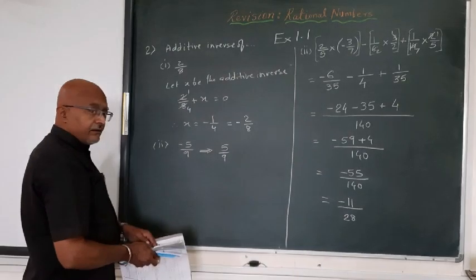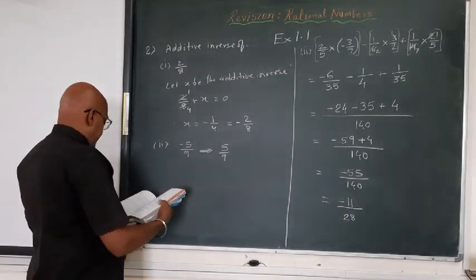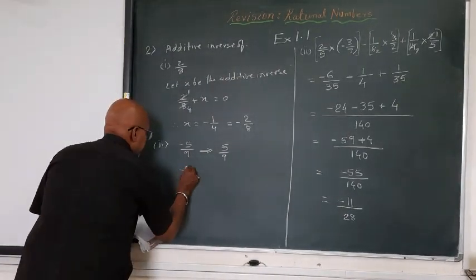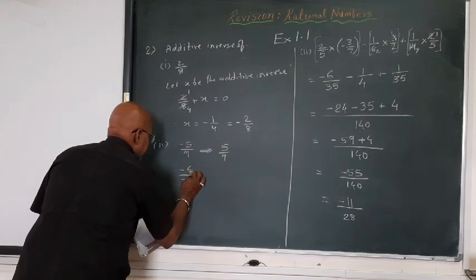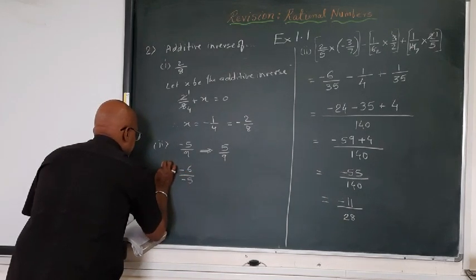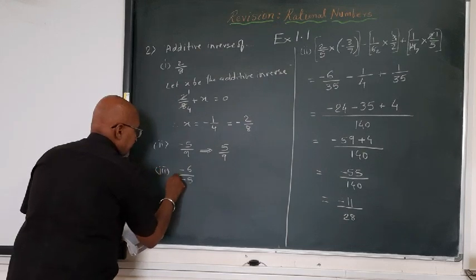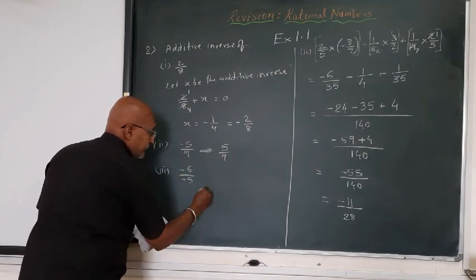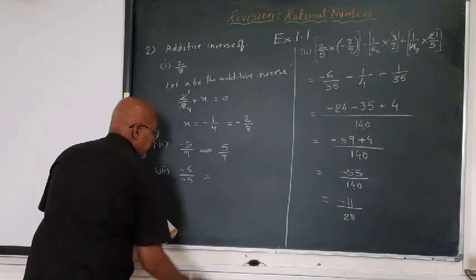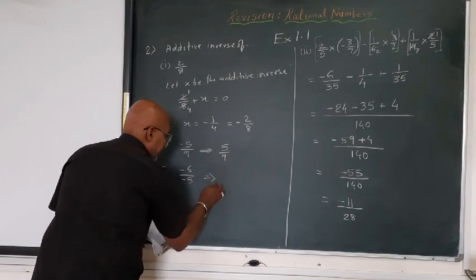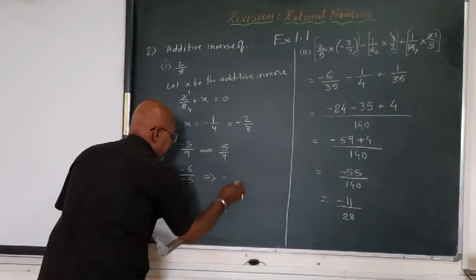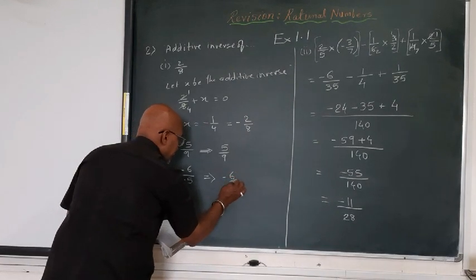Just you can write it directly. Then comes minus 6 upon minus 5. Now see here, two minus signs are there. So minus minus always becomes plus. So the additive inverse of this will be minus 6 upon 5.